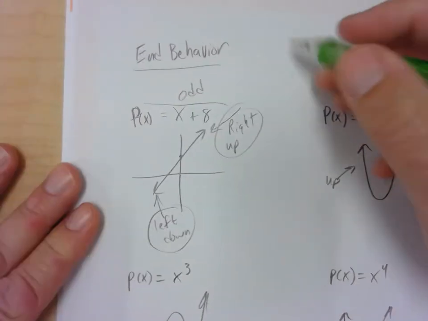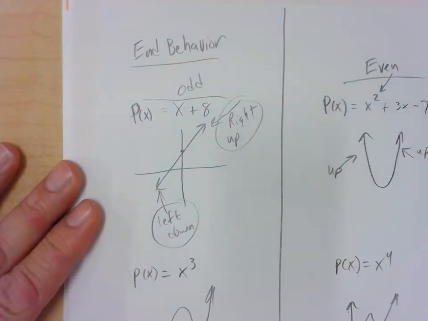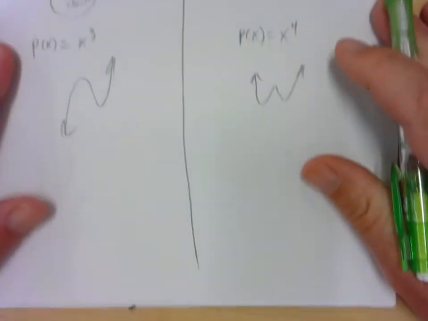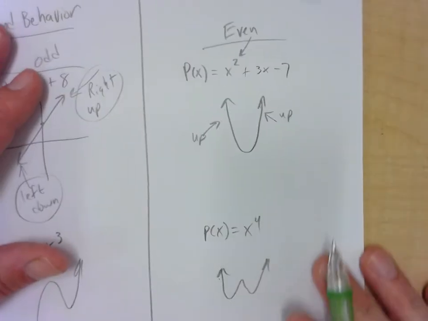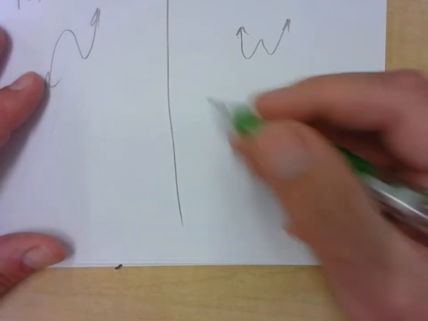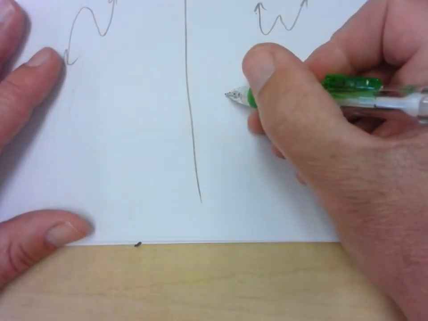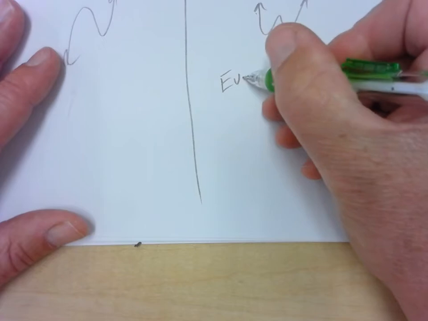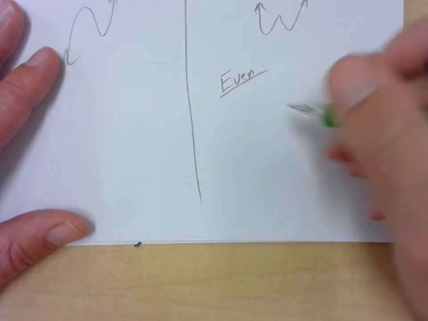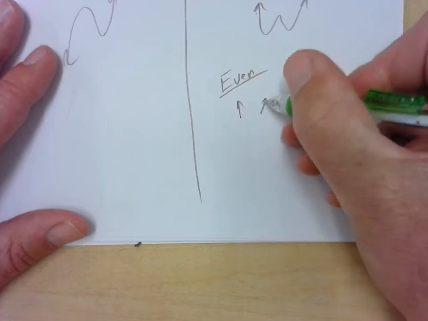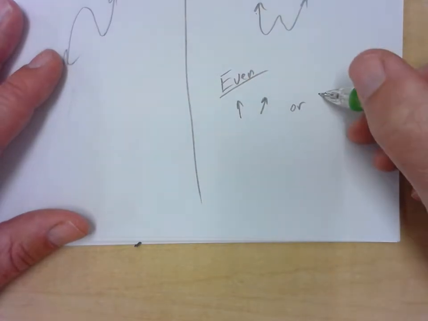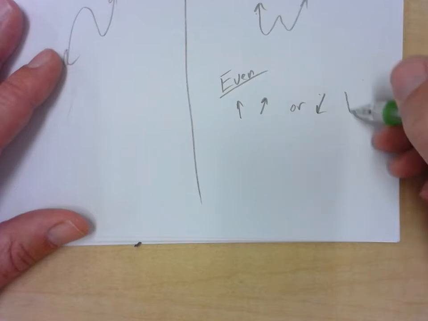So I have odd on this side and even over here. With even, the two sides go the same. So if it's even, then the two sides go up and up, or if you multiply by a negative in the front, they would go down and down.